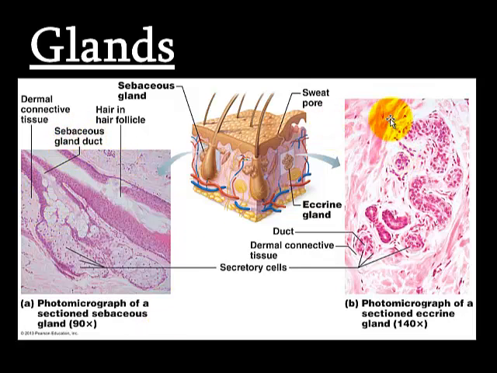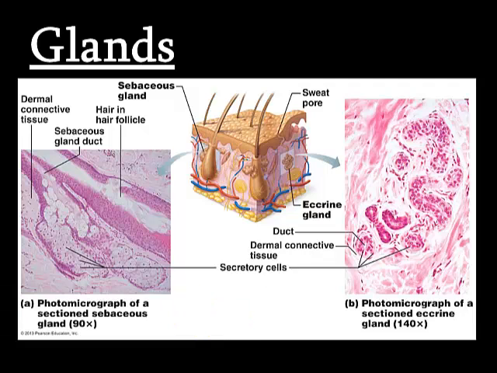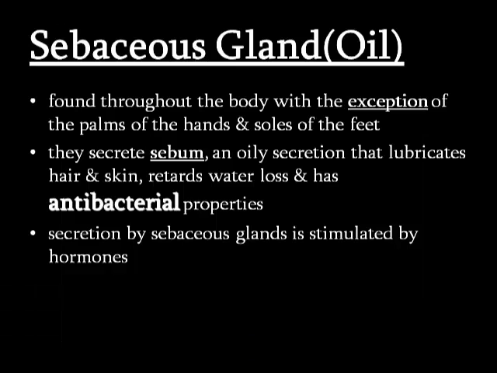On the other side here, you'll notice that we also have a gland of cuboidal epithelial cells, and these cells would produce sweat. The product of sebaceous glands is referred to as sebum.